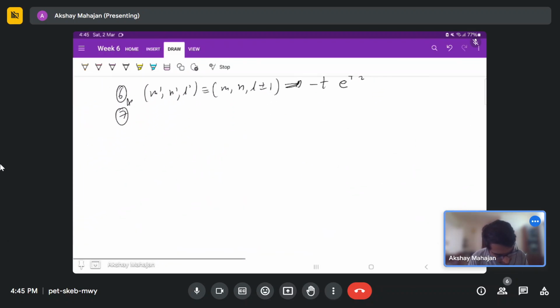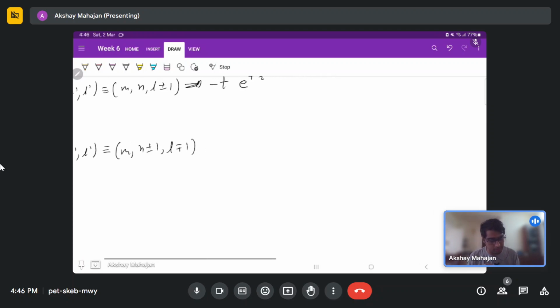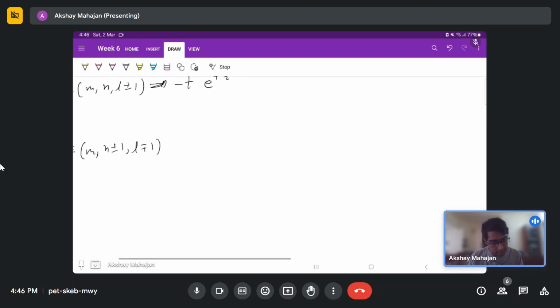Alright. Then we will have the 8th and 9th term. Now for the 8th and 9th term, we get from m prime, n prime and l prime equal to m comma n plus minus 1 and l minus plus 1. So this I would like you to check. One neighbor would be given by taking n plus 1 and l minus 1 coordinates.